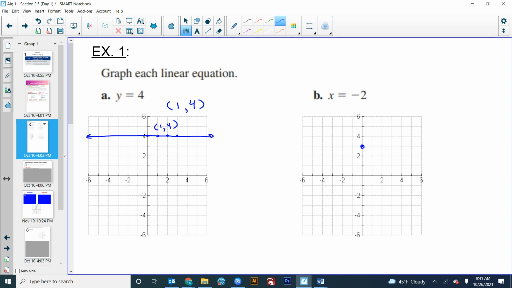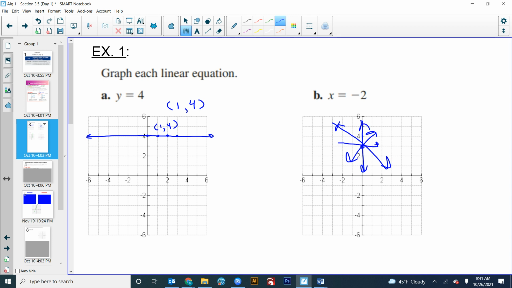How many lines can I put through that point? What do you guys think? As many as you want. Infinite.